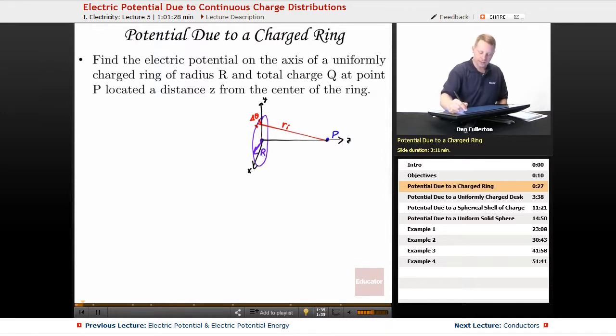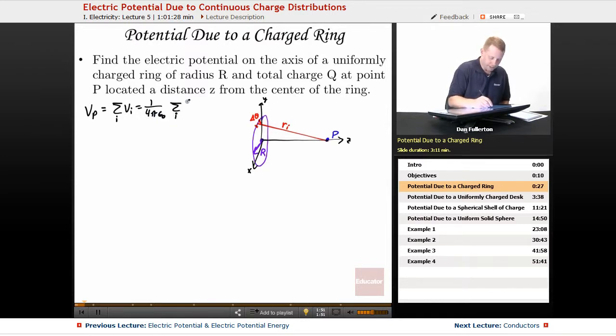So to find the potential at point P, that's going to be the sum over all these little itty-bitty pieces of their potentials, which is 1 over 4 pi epsilon naught times the sum over all i of the charge contained in that little piece, Qi, divided by Ri.